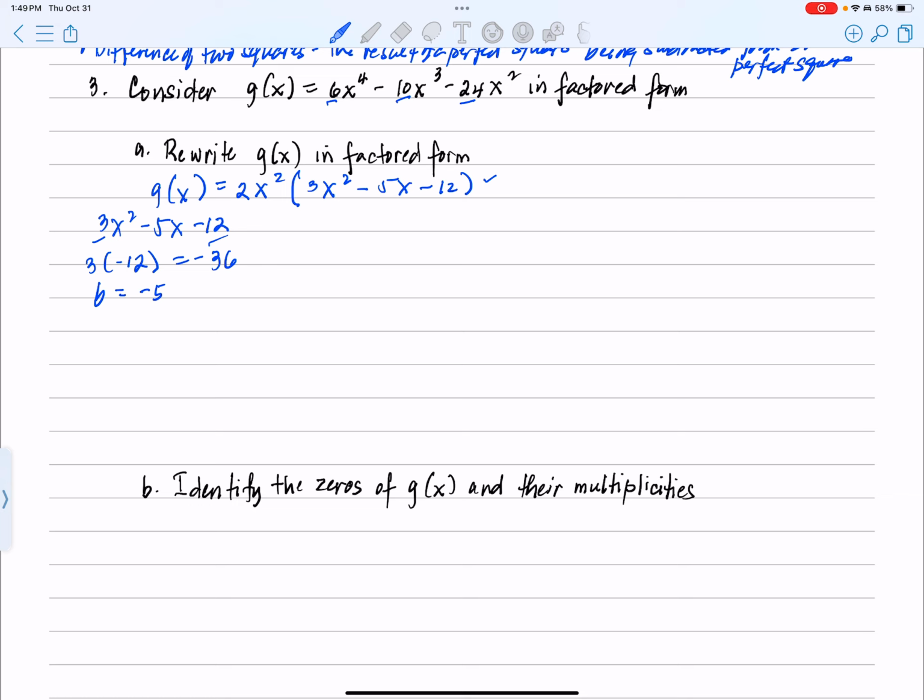Okay, we have 3 and 6. It doesn't add to 5. 4 and 9. Okay, 4 and 9. So our factors that we can use are 4 and 9. We have to find out which one should be negative, since our middle term is negative, so the 9 should be a negative.